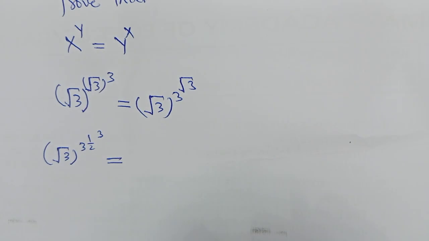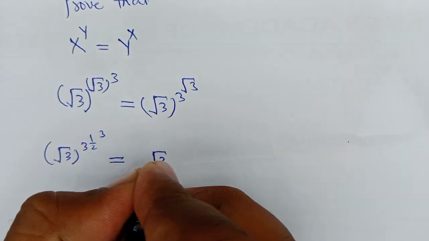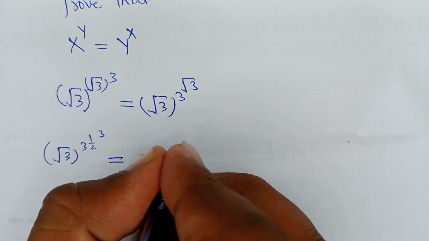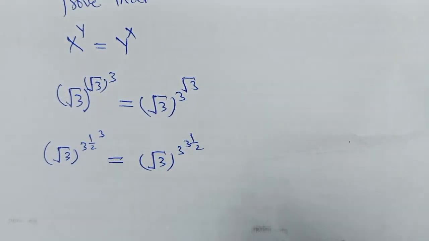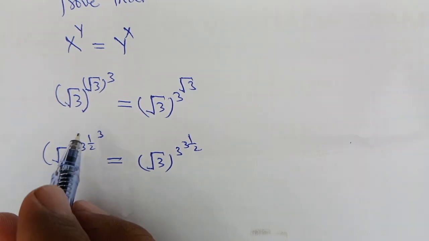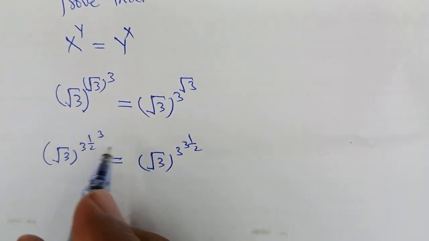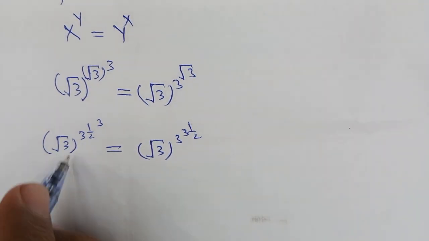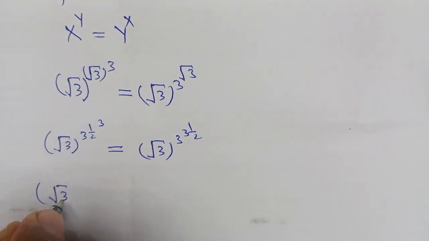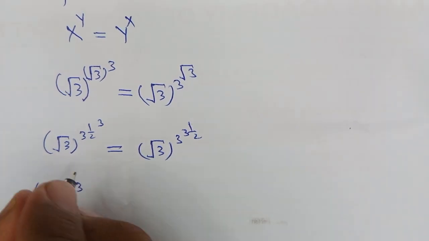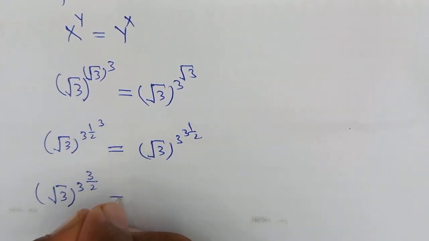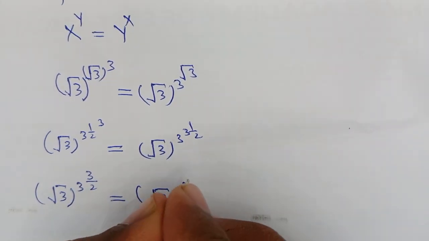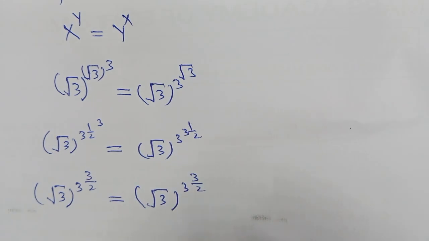So here, 1 upon 2 multiplied by 3 gives 3 upon 2. So we have root 3 power 3 upon 2, and again we have root 3 power 2.